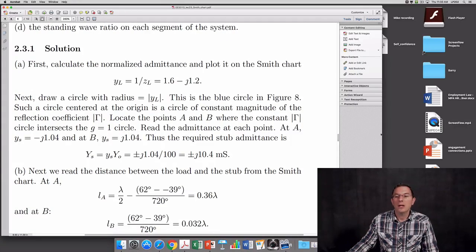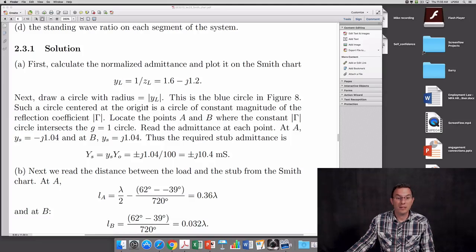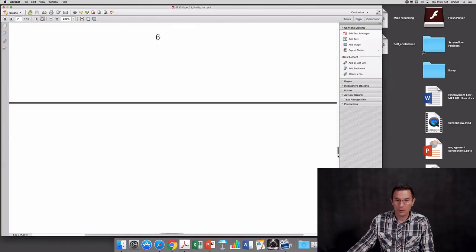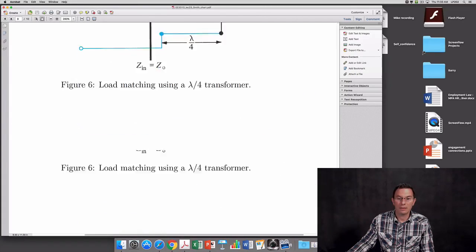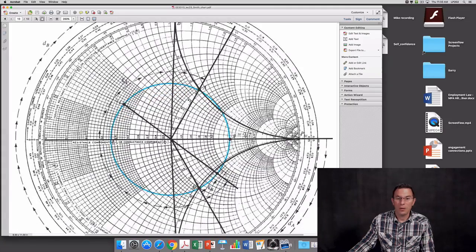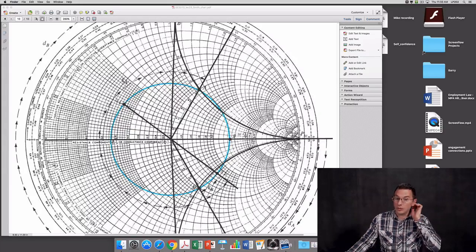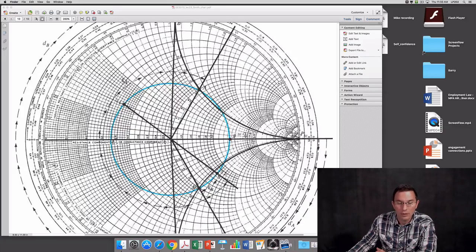Next, draw a circle with a radius that's equal to the magnitude of your load admittance. The distance from the center of the Smith chart to the point of our load admittance right here is that length.